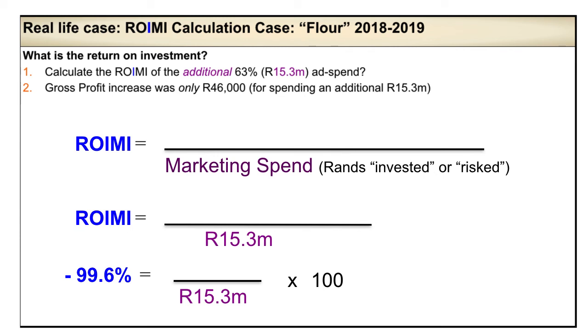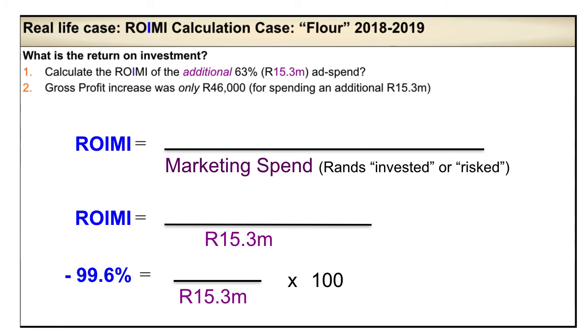We calculated that her gross profit increase was only 46,000 Rand. So she spent 15.3 million to only make another 46,000 Rand. Fortunately, her GP increased a little bit, so it wasn't as bad as it looks. Nevertheless, the profit increase was only 46,000 Rand for spending an additional 15.3 million.